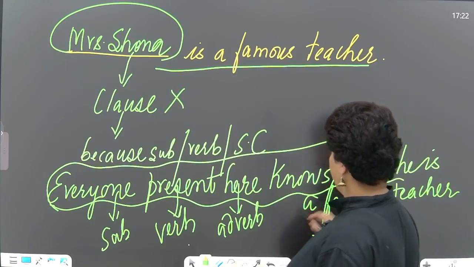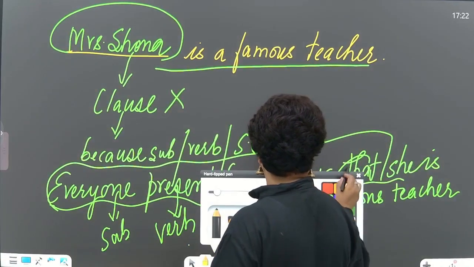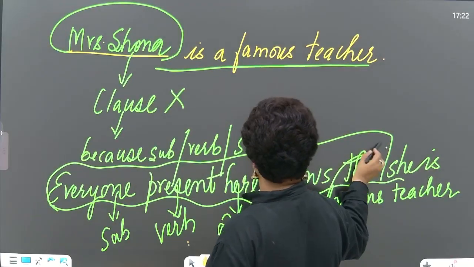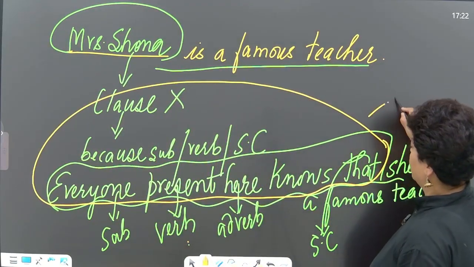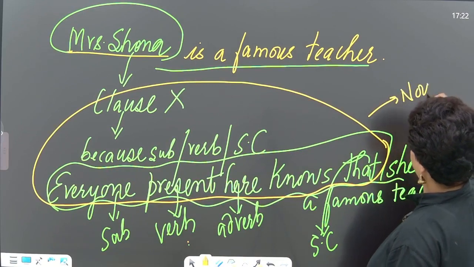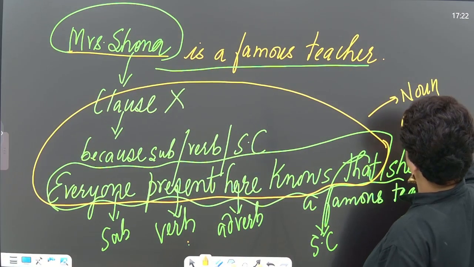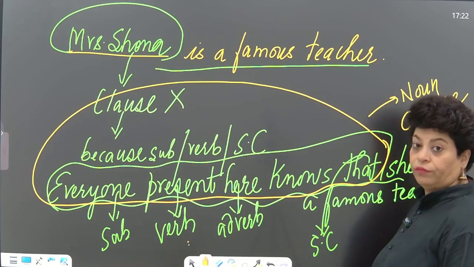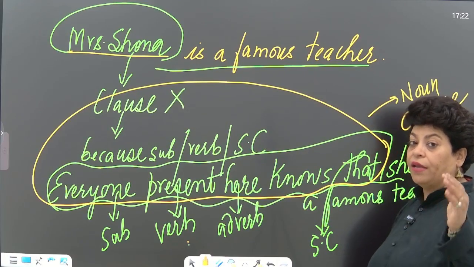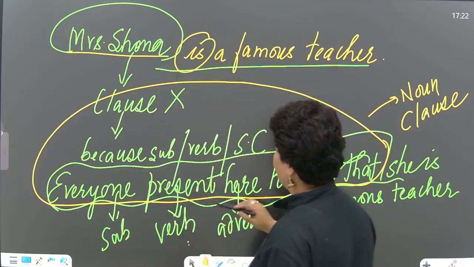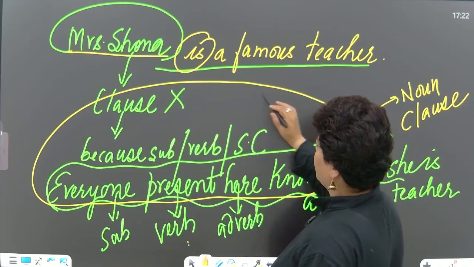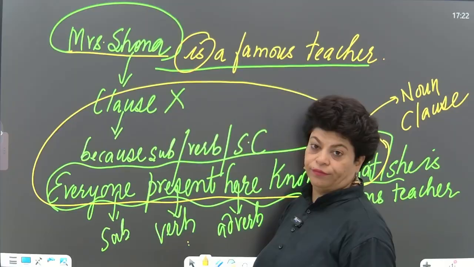Hence, this complete thing, I repeat my words, this complete thing is definitely leading to a noun clause. And it is acting as a noun to the verb is. Everyone present here knows that she is a famous teacher.